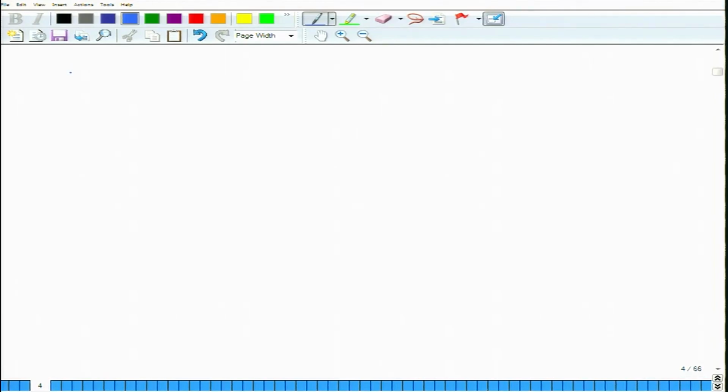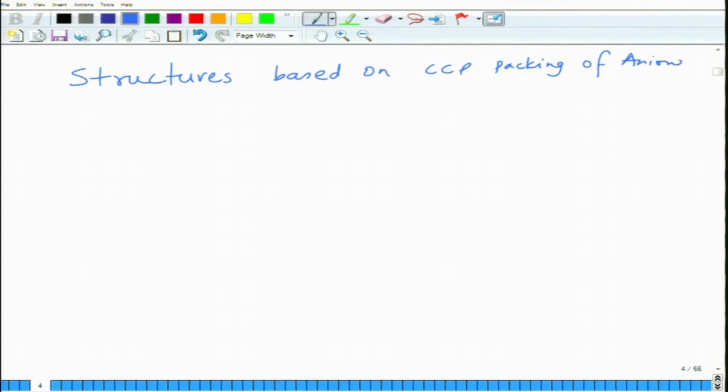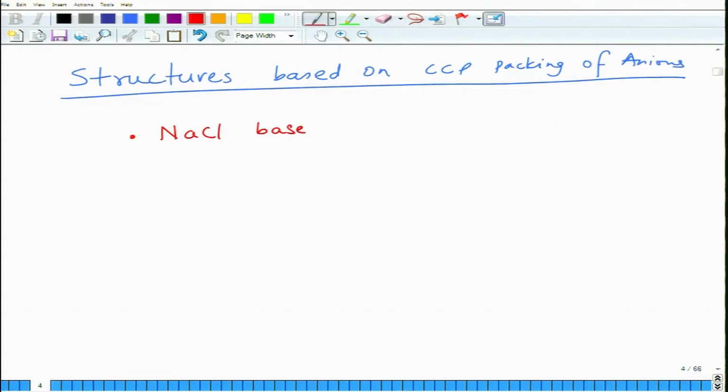So, the first in this category is structures based on CCP packing of anions. Okay. So, in this there are certain kinds of structures. There are structures which are called NaCl based structures.